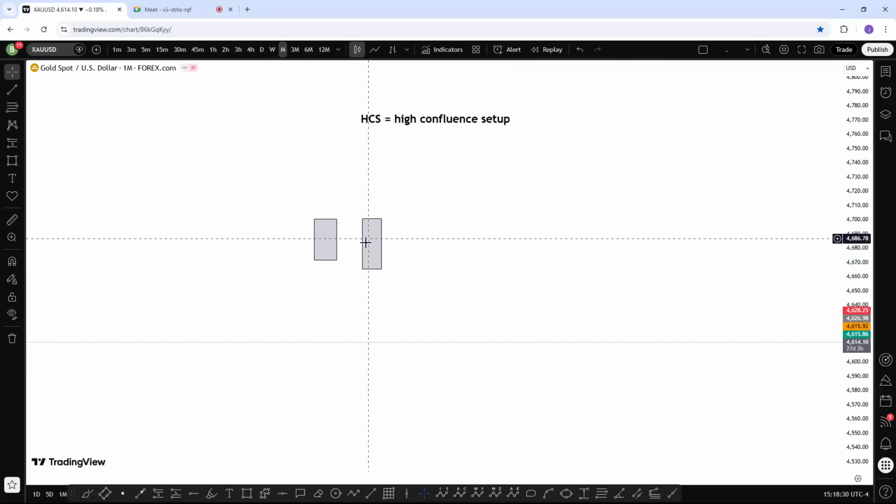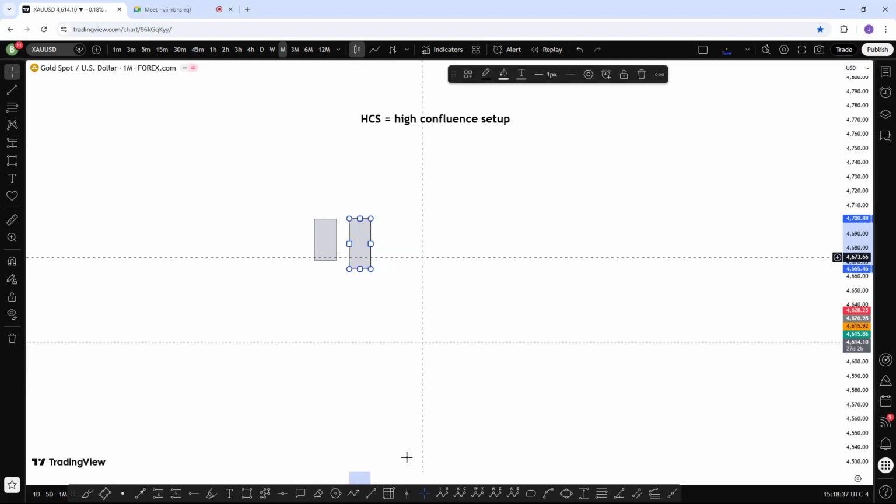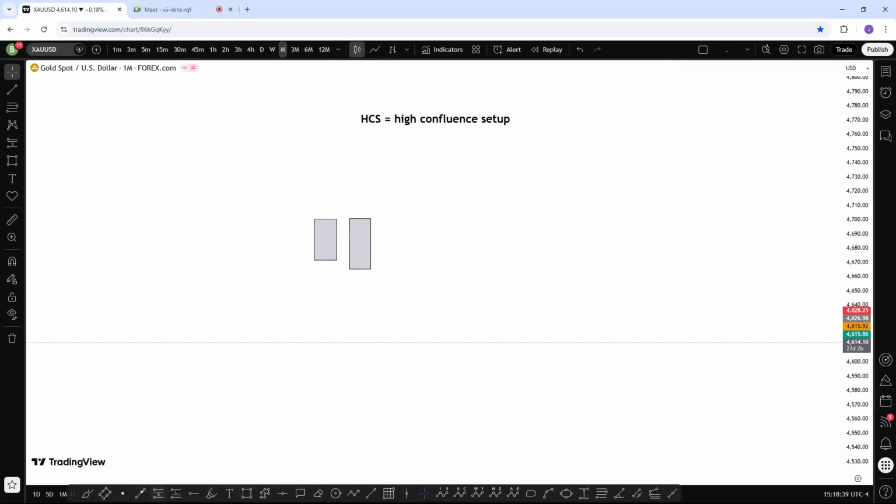This bearish candle purged liquidity on the previous high.